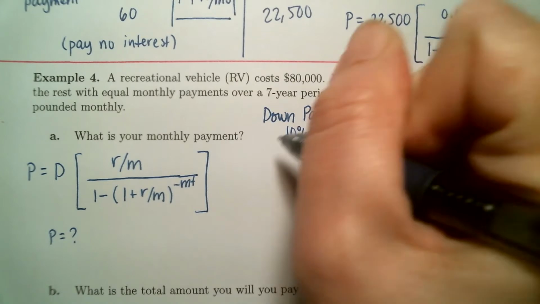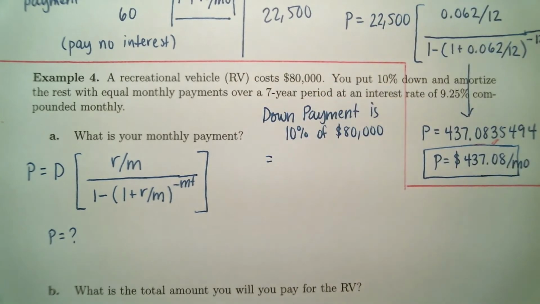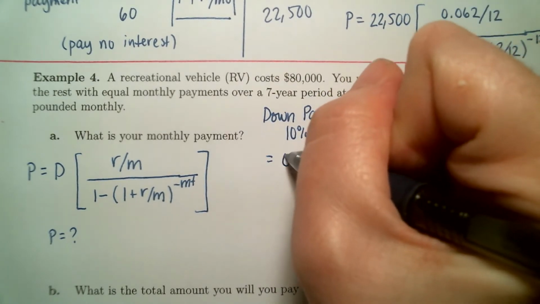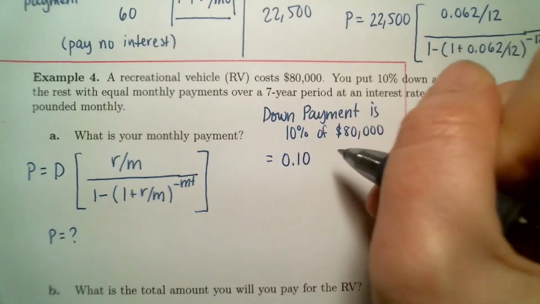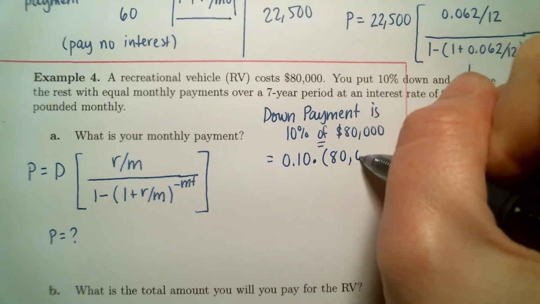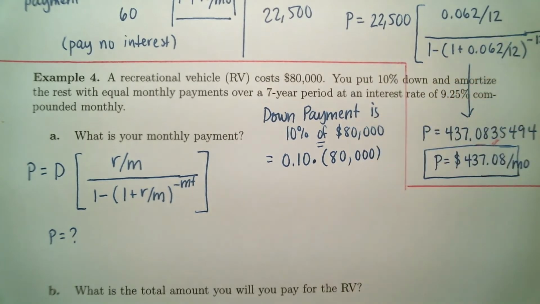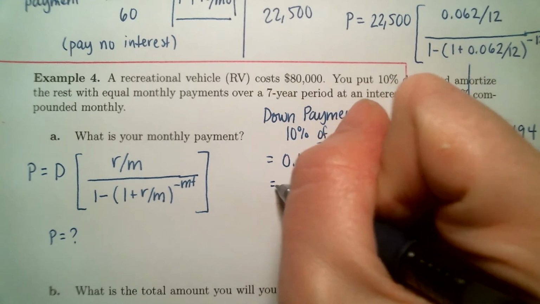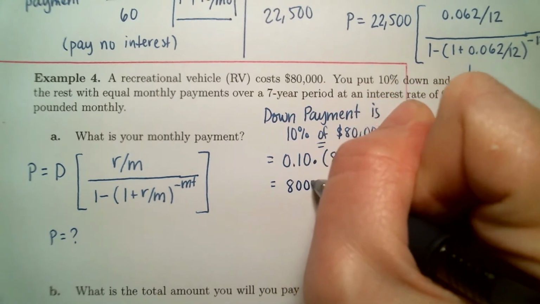If you've done this in your math past, convert that percent to a decimal, and then "of" in math means multiply. So 10% of $80,000. If you put that in your calculator, it should give you 8,000. So your down payment is going to be $8,000.